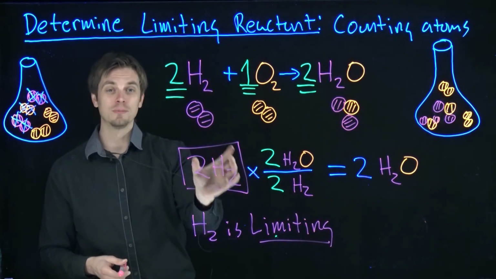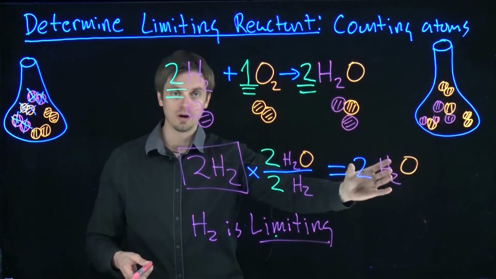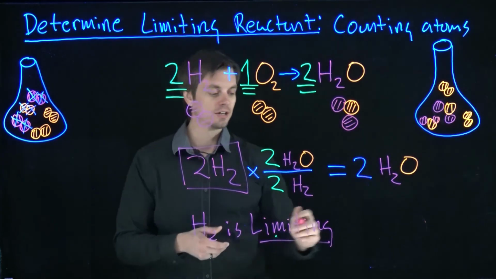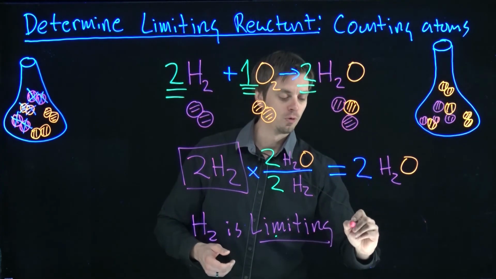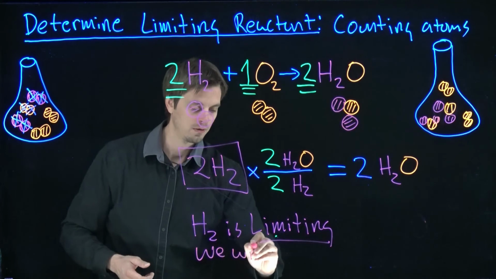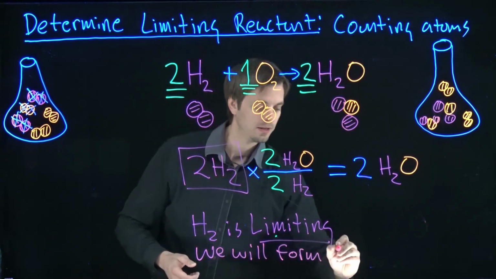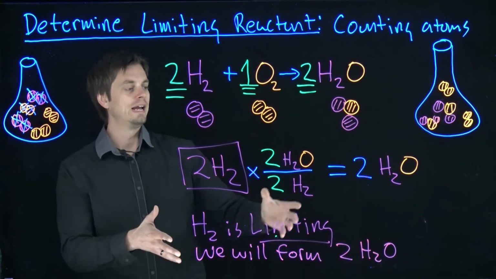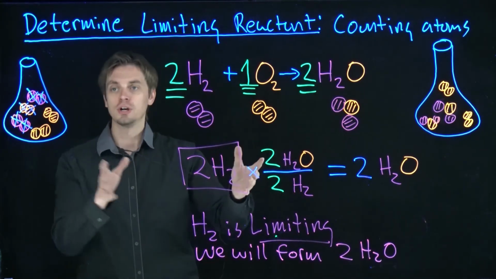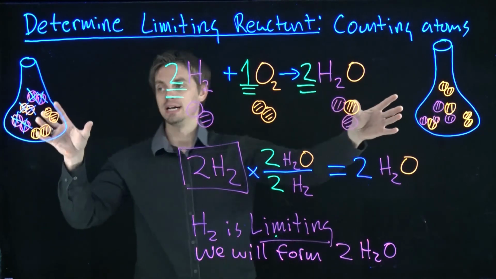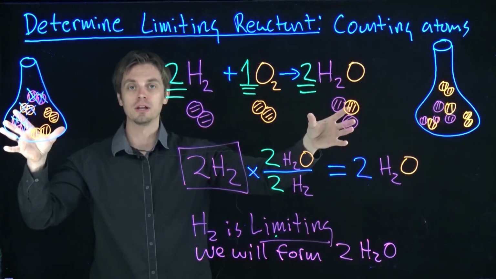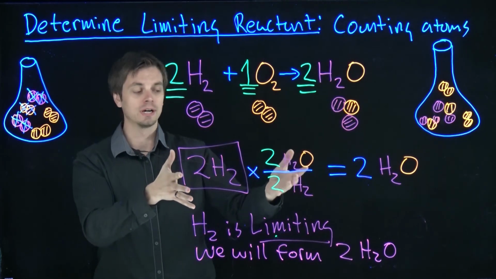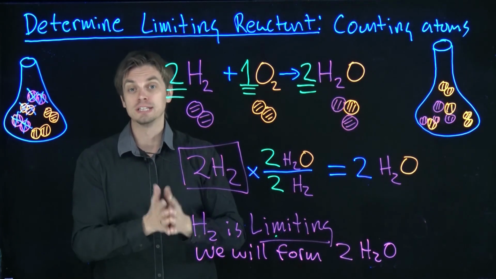And once we determine our limiting reactant, we can also identify how many product molecules we're going to form by just looking at the other end of the expression. So we will form 2 H2O products. And in this way, we've effectively reproduced what we determined initially by crossing out individual atoms and molecules. But now we've built up some machinery that's going to allow us to solve more complex problems rather efficiently, as you'll see in the next video.